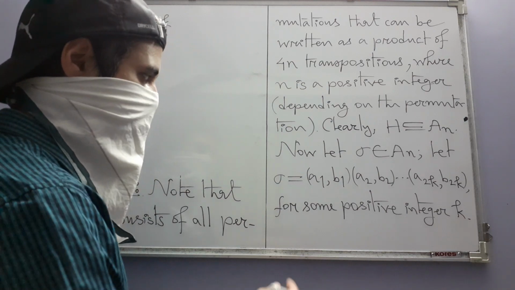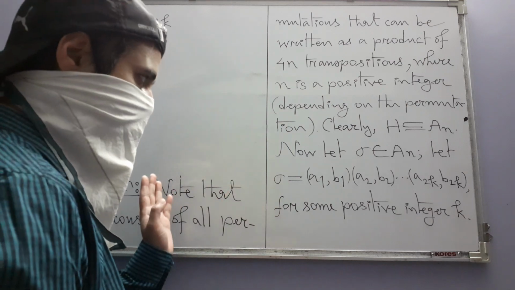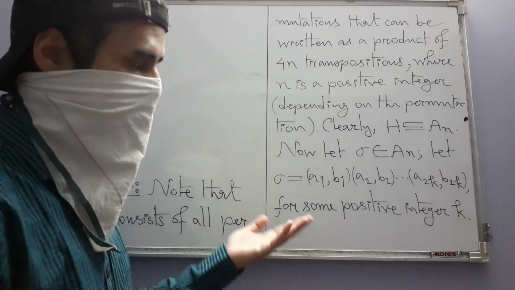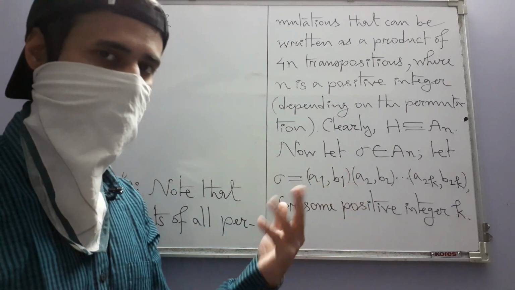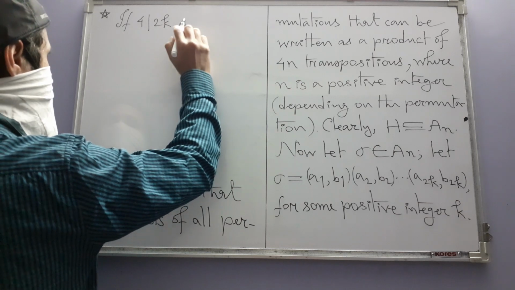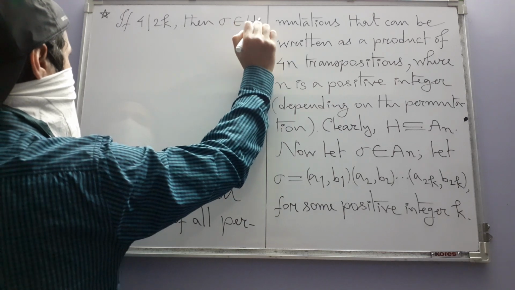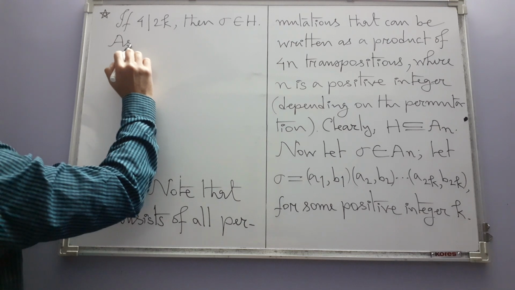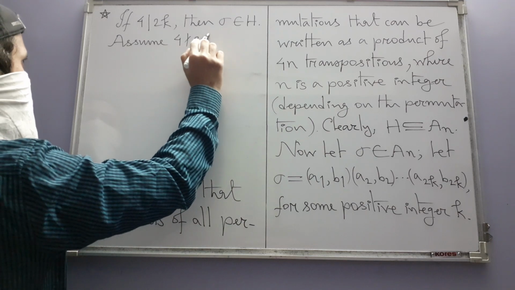If that is the case, then clearly this product itself is a product of a number of transpositions where that number is a multiple of 4, and hence by the definition of H, this sigma belongs to H. So we write: if 4 divides 2k, then sigma belongs to H. So now we consider the other possibility. Assume that 4 does not divide 2k.